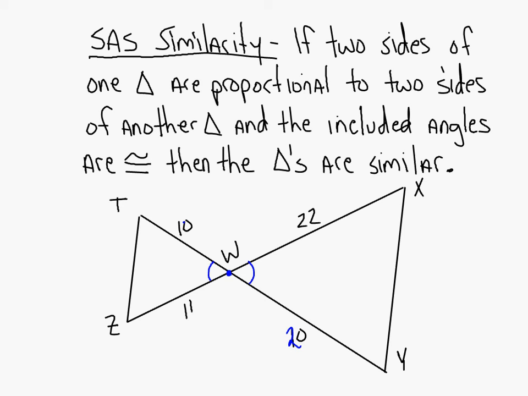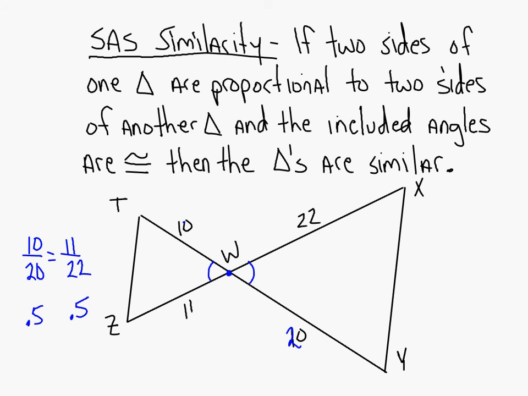Put the smaller of the two sides over the smaller of the two sides. All right, so you got 10 over 20. Does that equal 11 over 22? 10 over 20 is a half, isn't it? Or 0.5. And 11 divided by 22 is 0.5. So the sides are proportional, aren't they?